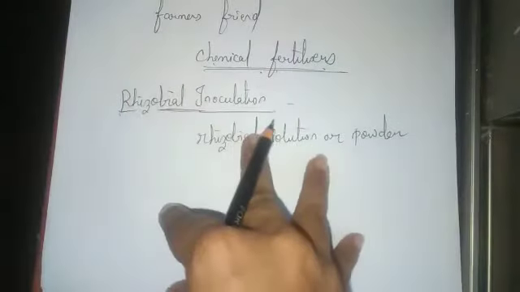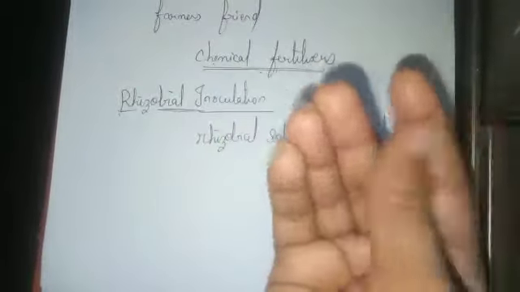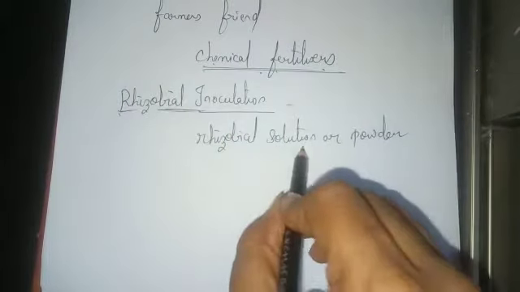So what is rhizobial inoculation, children? It is nothing but the farmers coating the seeds with the help of rhizobial solution or powder before sowing them in the field. Once they are coated, the rhizobium bacteria will enter the seeds, right?